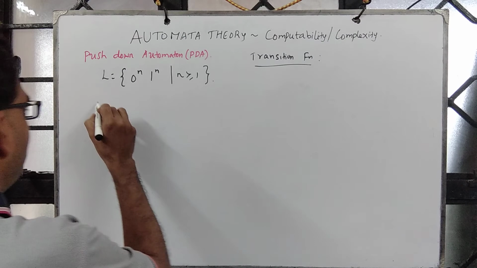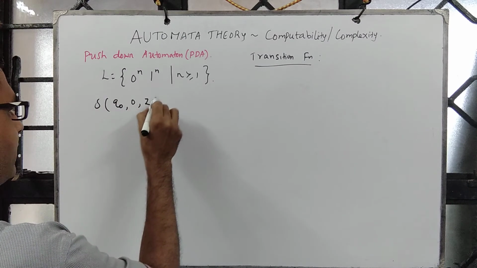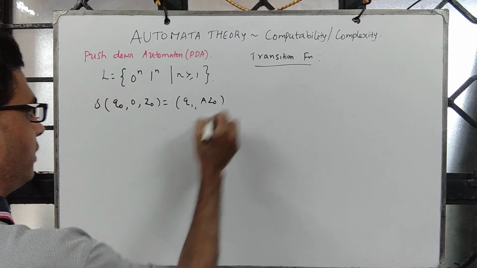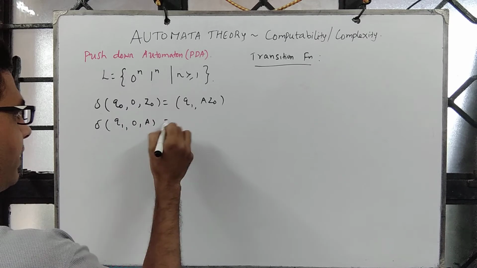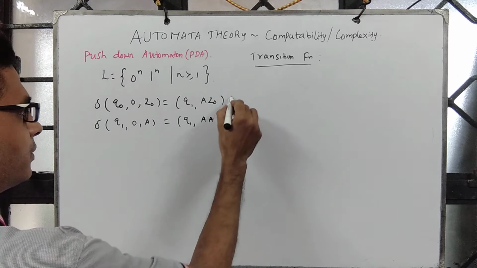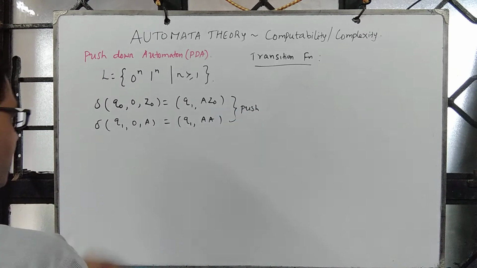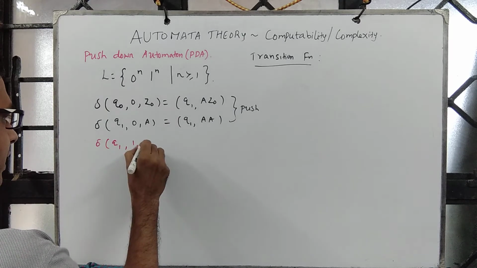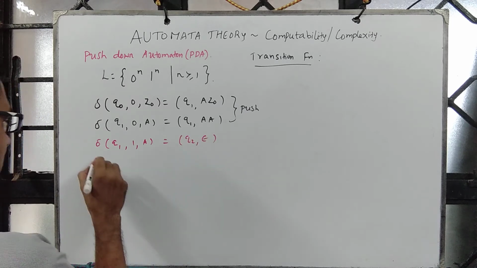So far we have seen delta of Q0, 0, Z0 is Q1, A Z0. Delta of Q1, 0, A is Q1, AA. So this takes care of push. Then delta of Q1, 1, A is Q2, epsilon.